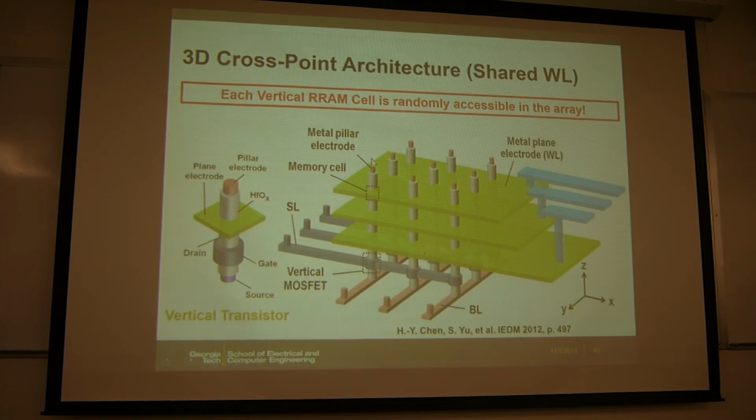And this is a structure I proposed in my PhD thesis quite a few years ago. This is a way to make the 3D cross-point array with this kind of approach. We have the pillar electrode and the plane electrode, and then the sidewall is the oxide. So we can make this 3D array very similarly to the 3D vertical channel NAND.